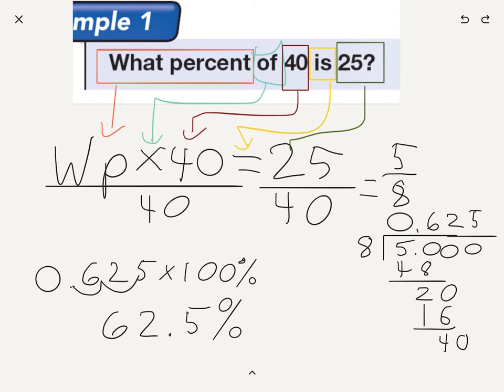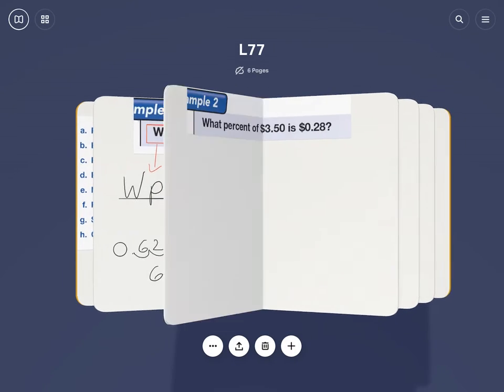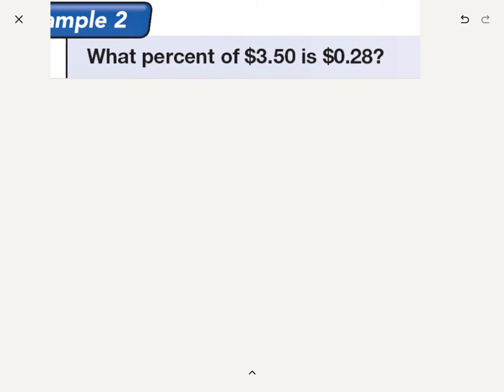Okay, great. My brain cannot comprehend this. Okay, so see if you can convert this sentence to an equation. What percent of $3.50 is 28 cents?